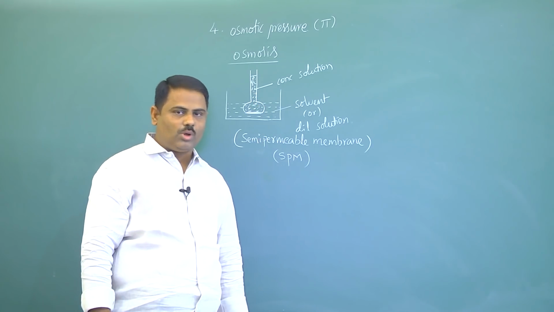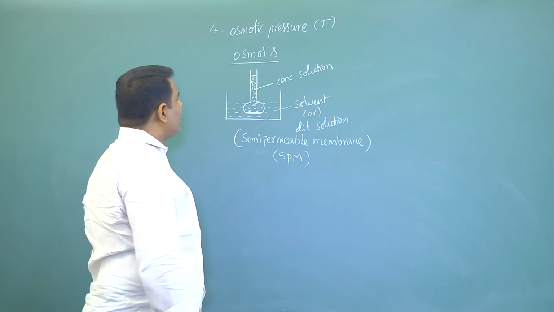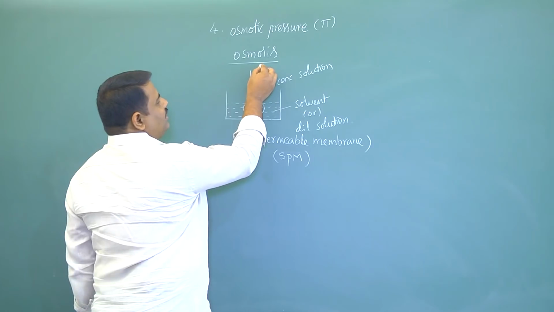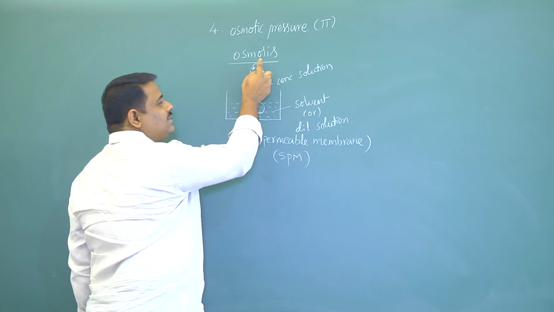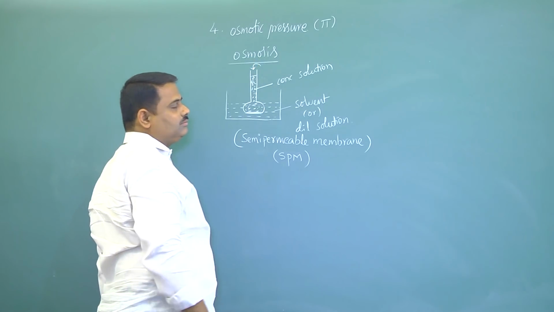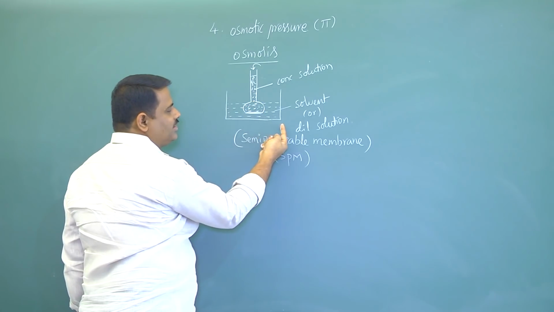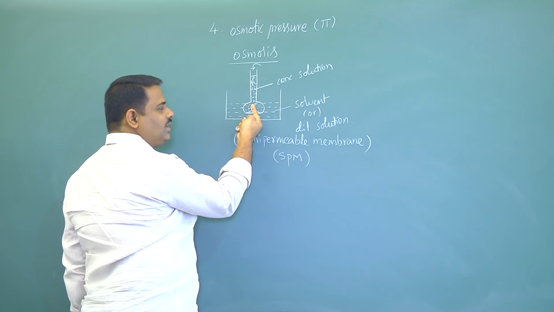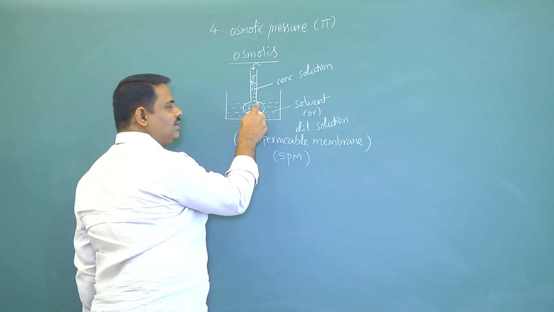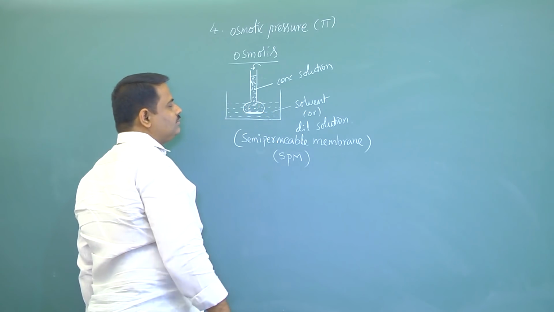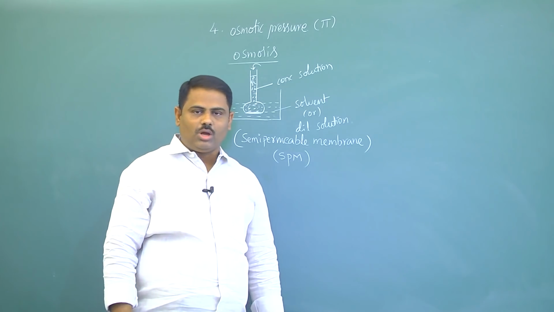That osmosis process will be stopped because the pressure which is acting on the concentrated solution, which is opposite to the direction of inflow of solvent from dilute solution to concentrated solution, is called osmotic pressure.